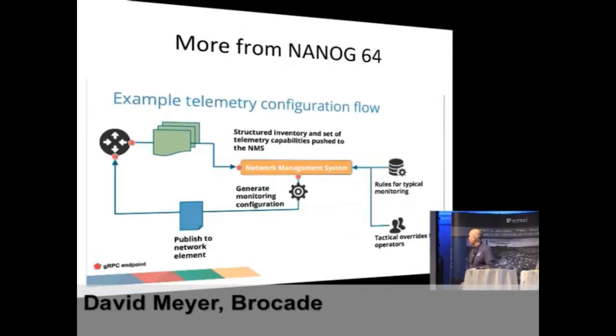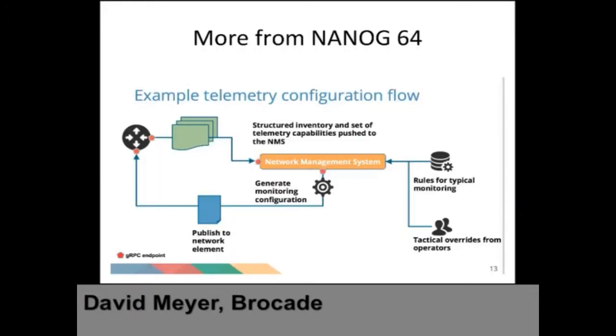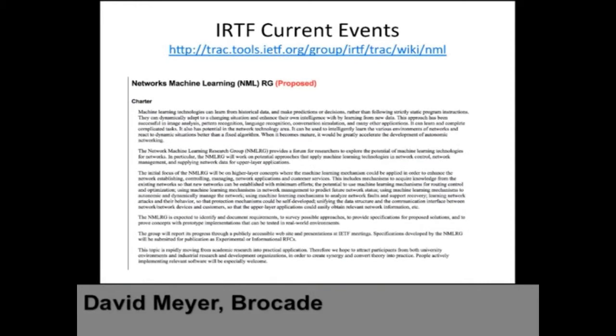This was from Anees and Josh's talk on OpenConfig, and of course this thing's a machine learning thing, right? And here's the pointer to it. And then somebody's trying to start up a machine learning for networking working group in the IRTF. So it's the obvious kind of thing that's going to happen.